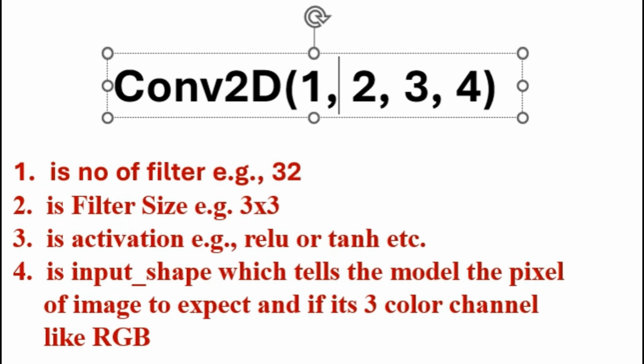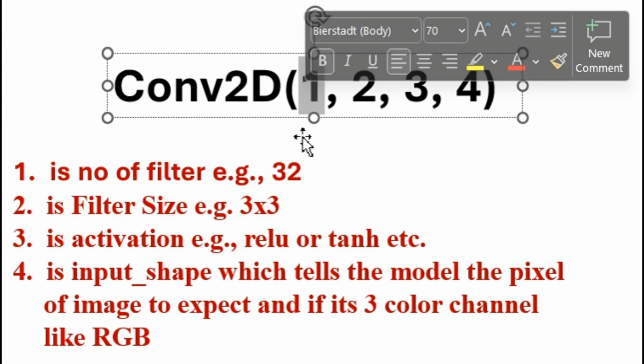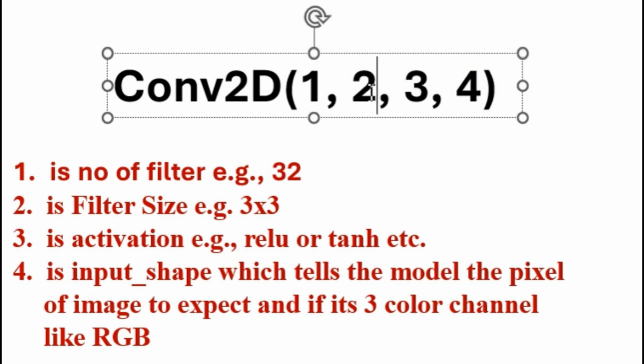These filters help the model learn different features from the images, like edges, corners, and textures. So if you want the model to learn edges, corners, and textures, we specify that using the number of filters, which is 32. The second one stands for filter size. It can be 3 by 3.